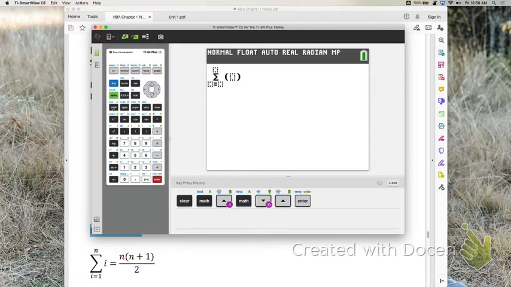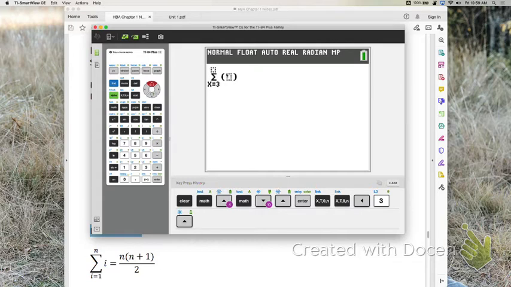I would use X's rather than N's just to be consistent. So if it was me and I was looking at example 1, instead of N, I would type X equals. X is the button next to alpha. It says X, T, theta, N. I would type in X equals 3.